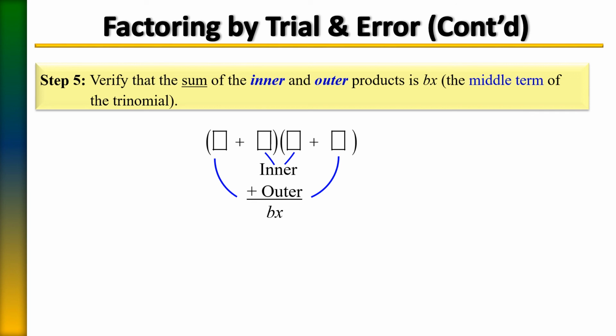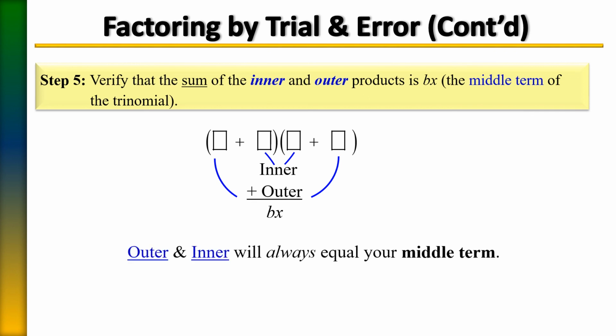Again, outer and inner, when you add them together, will always equal your middle term. Okay, so let's check outer and inner of all of those possibilities that we just talked about and see which one of those is the correct pair.